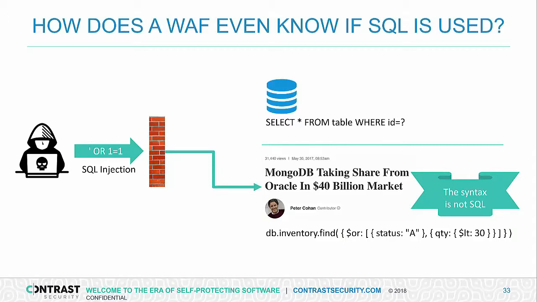We have a popular NoSQL database called MongoDB that has grown significantly and is even a publicly traded company that doesn't even use SQL syntax. MongoDB is a wildly popular database. AWS has something else called DynamoDB, or they have something else that uses Mongo syntax.